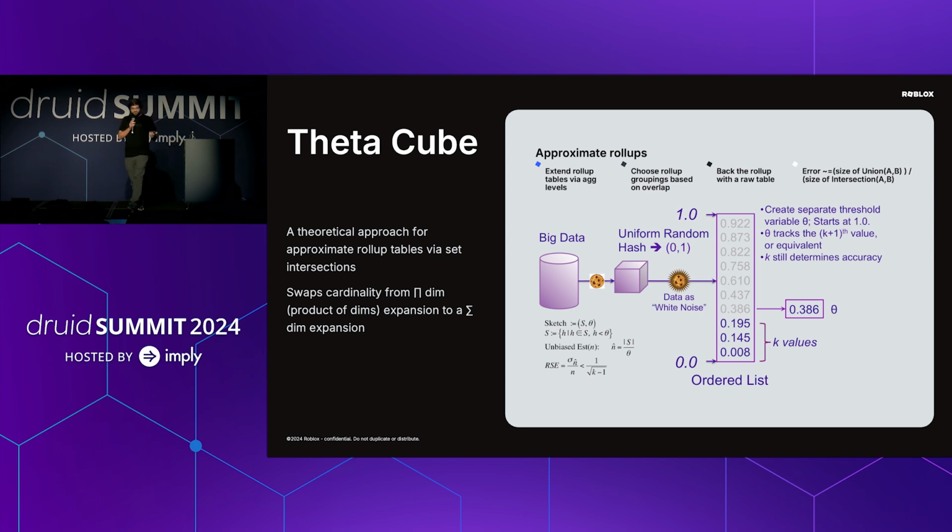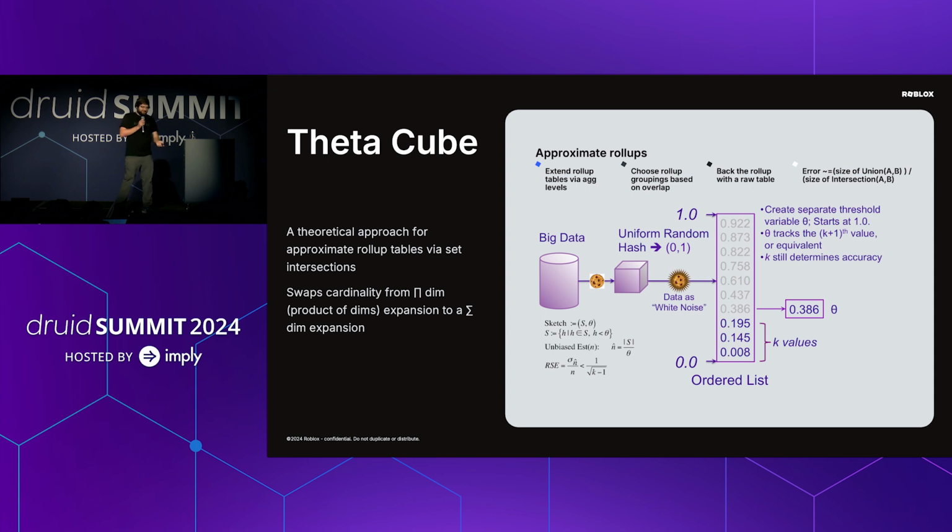And that was what we envisioned with this idea of a theta cube: you could use the predicted error rate to determine whether you should go to a raw table, and in cases where you want to go more than 1 or 2 dimensions deep, you can do that approximate join connection.